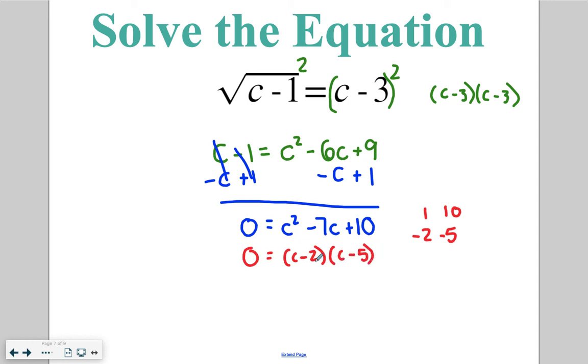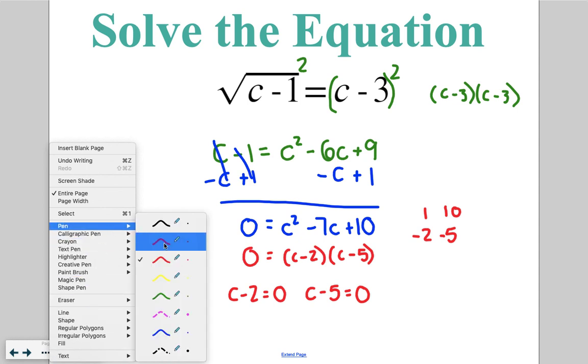Now, because this is equal to 0, that means either this front piece needs to equal 0, so c minus 2 would equal 0, or the back piece would equal 0. c minus 5 is going to equal 0. In order to solve the first part, you're going to add 2 to both sides.